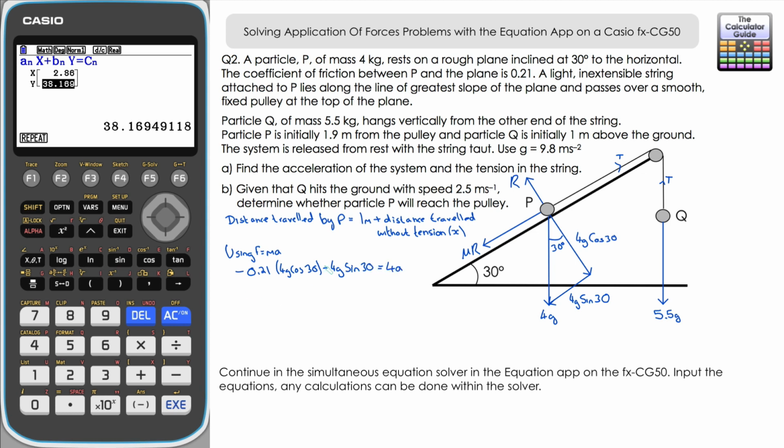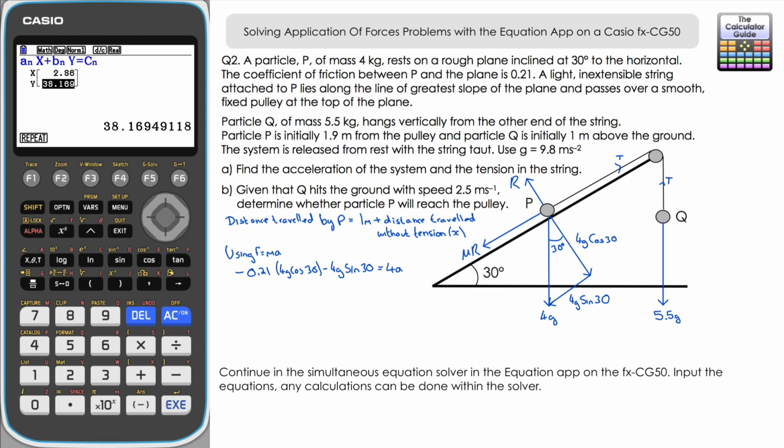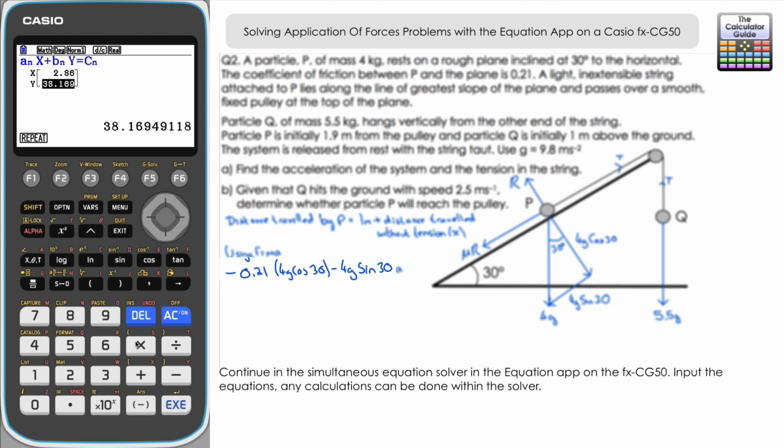That's a revised equation for P. Now we're going to use the solver on the fx-CG50 in just a moment to work out what the new acceleration is. We are expecting that new acceleration to be negative because we're expecting it to be slowing down. But what I'm going to do is this force that we've got, this combination of the friction force and the parallel component of the weight, well, that is C from what we have here in equation 1 in the calculator.